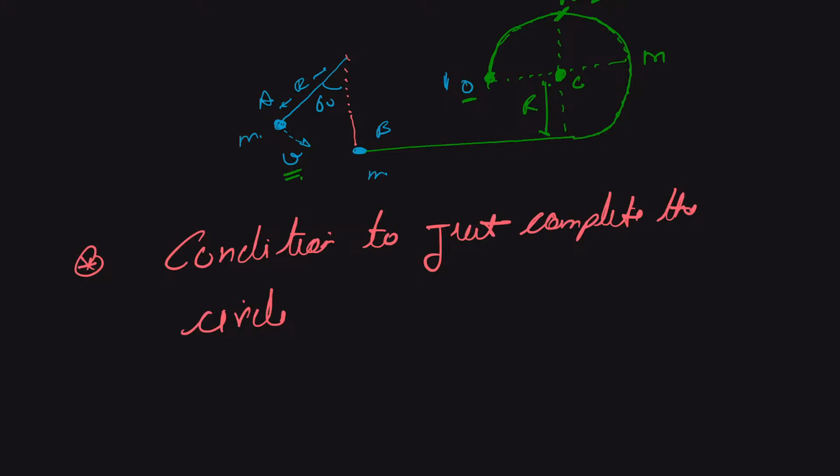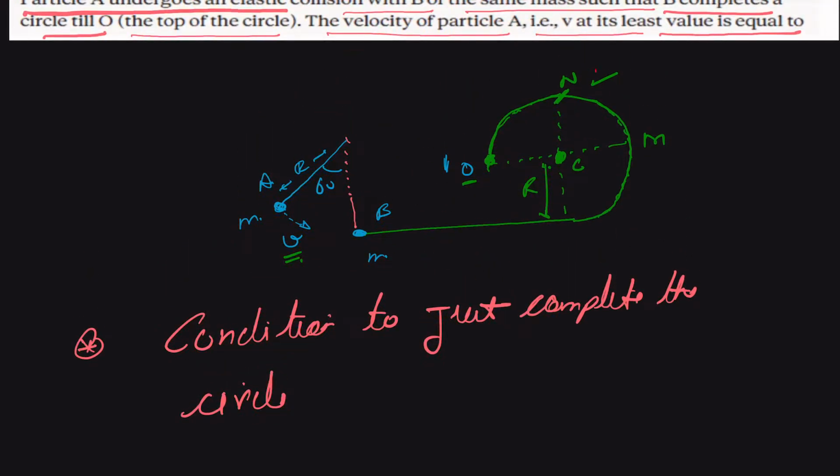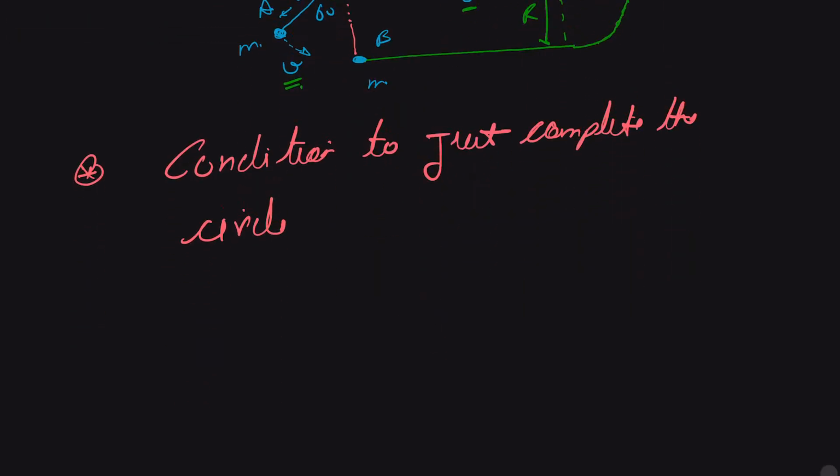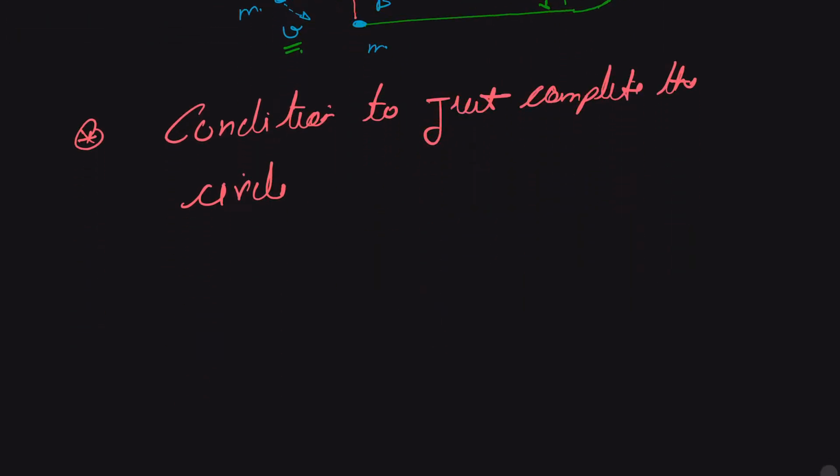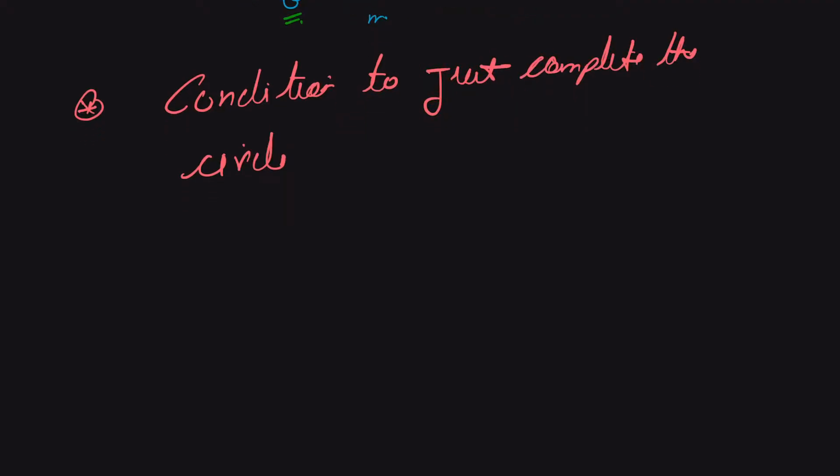Like I said, the only point we are interested in is this endpoint. If it is able to cross this endpoint, then it will be able to complete the circle, or cross point O. Therefore, the condition to just complete the circle is at point N.